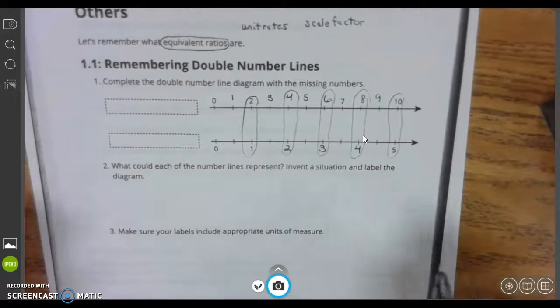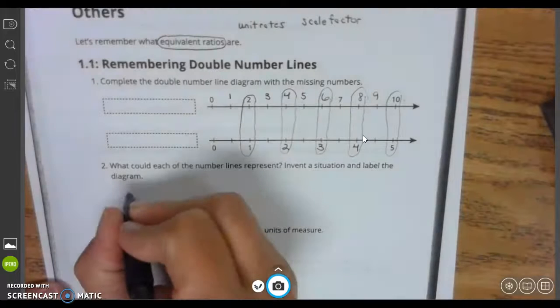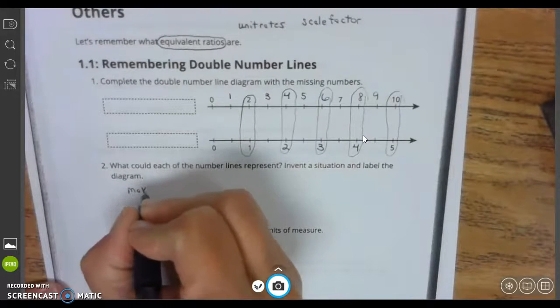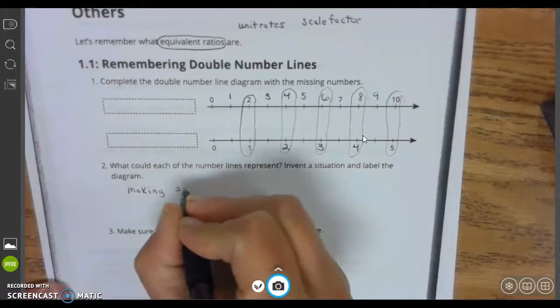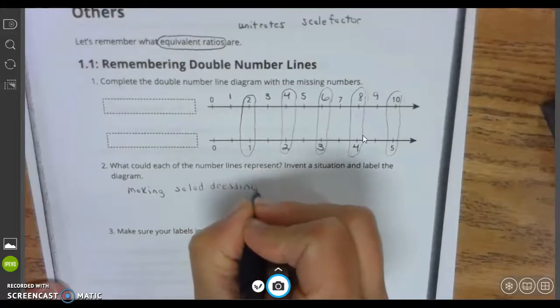So what is a possibility that this number line could present? Maybe for making salad dressing. You might think of something different, which is fine to write down.